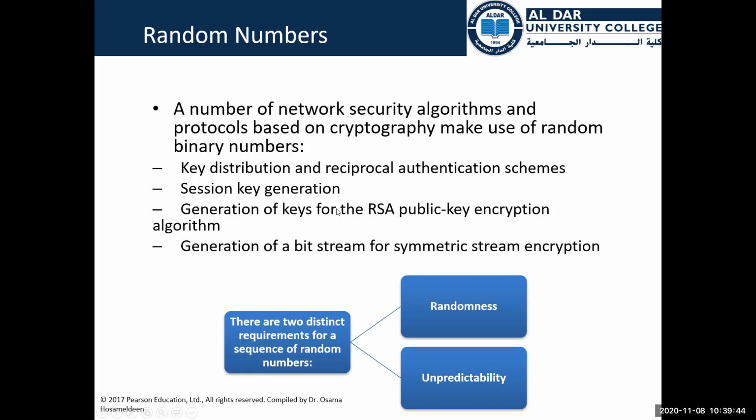We introduced RSA public key encryption in chapter 2, and we introduced how to define random numbers, but those random numbers should in the end be prime integers, very huge prime integers.